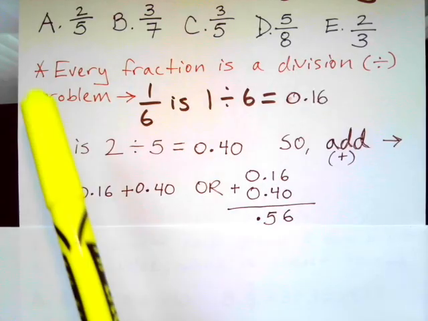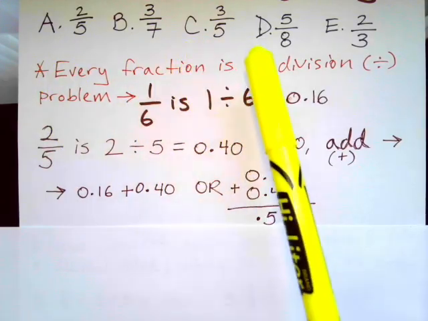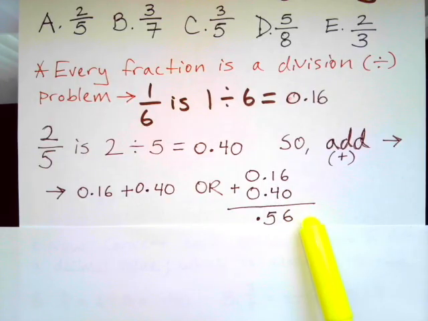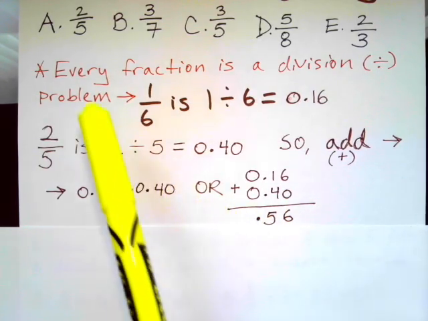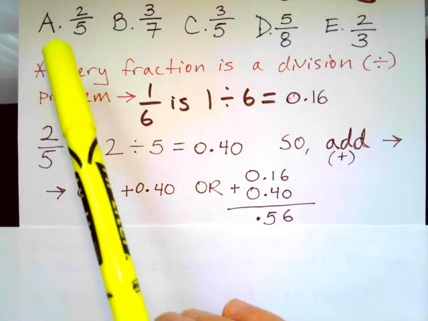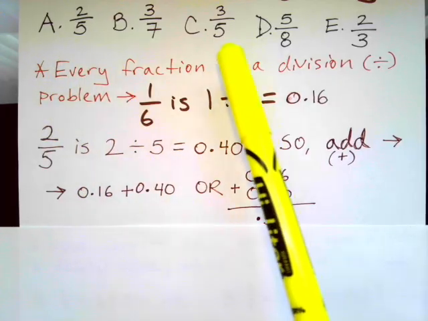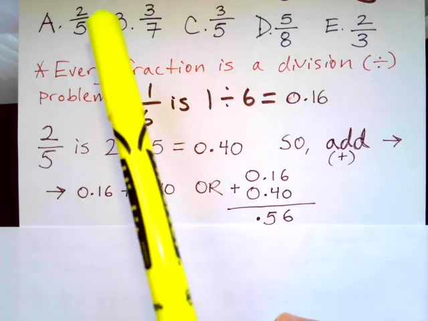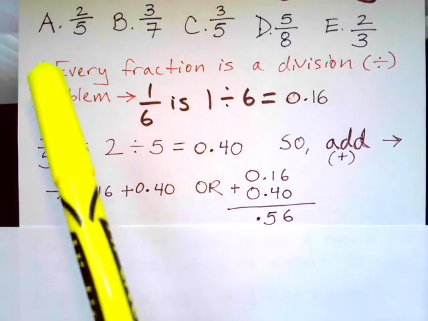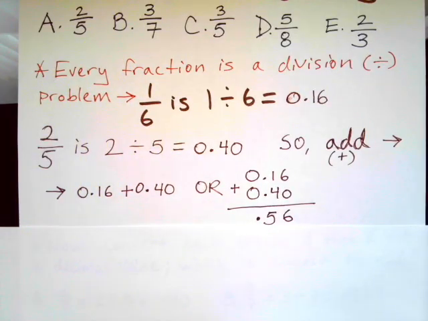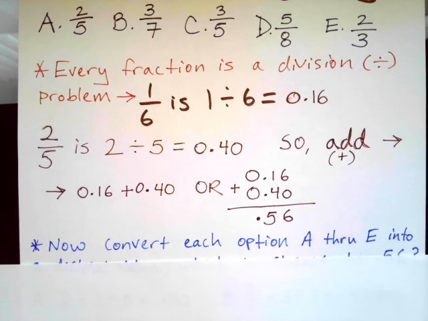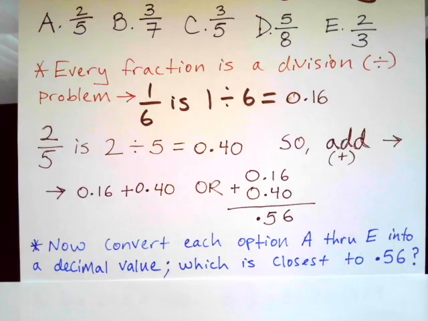So which one of these, A, B, C, D, or E, is closest to 56 cents? As you can probably assume, I'm going to take each of these, A through E, and take the top number divided by the bottom number and turn those into decimals to see which one is closest. That's what I'm showing you here.